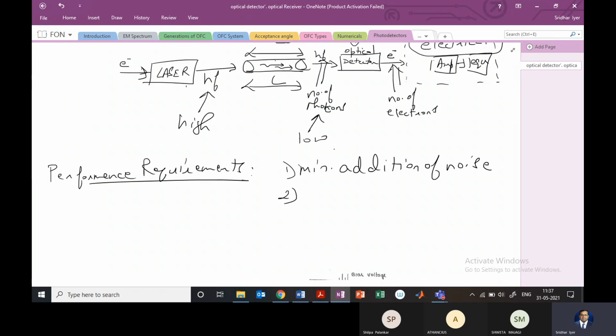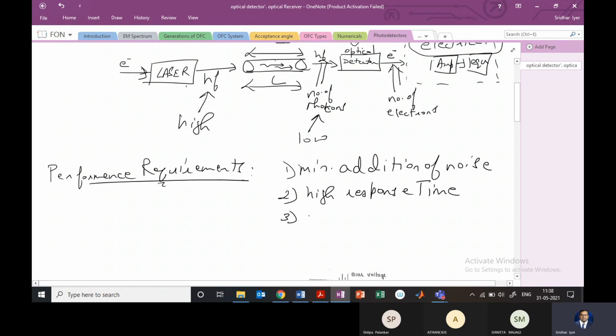We have already seen in the laser and LED that the device itself has some errors. So we are expecting these photodetectors to have a minimum of such errors in themselves because outside, the noise is going to be very high. Like the LED and the laser, we require a high response time. So whenever light hits this detector, we expect it to just give out the current at the output.